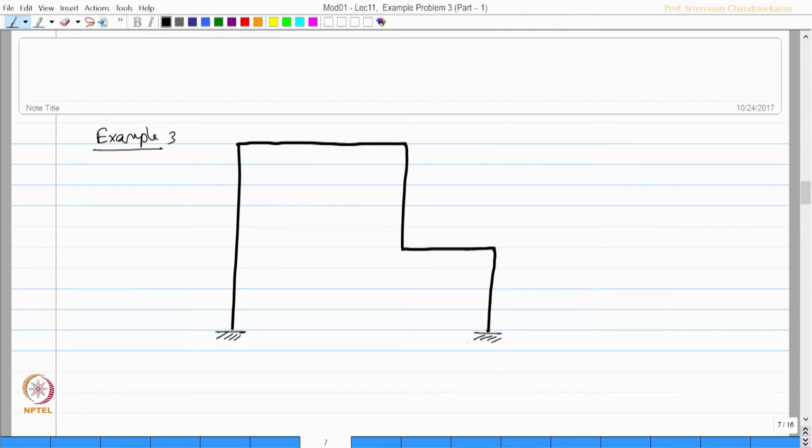Now, the moments of inertia of the column section and the beam sections are marked as shown on the screen. Let us also name the joints A, B, C, D, E and F.